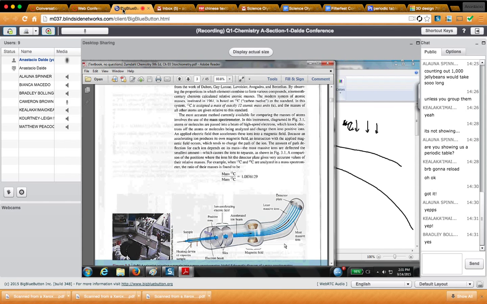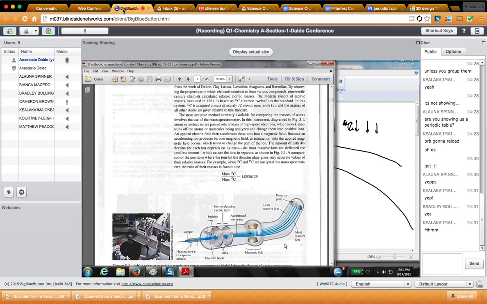And so that's how we're able to measure the masses at such small levels. Are we cool? Does that make sense to you? Okay.